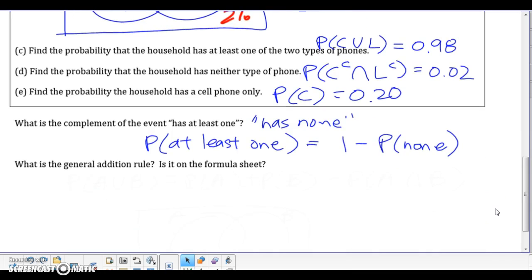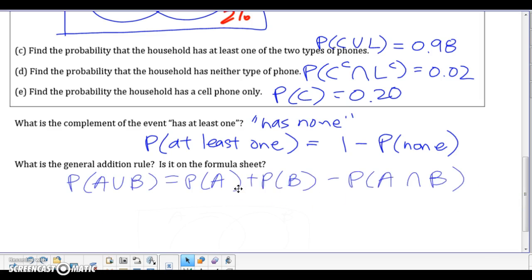And finally, what is the general addition rule? It is on the formula sheet, which you should have on your guided reading notes already. And it looks kind of crazy when you look at it on the formula sheet or on your guided reading notes if you've already written it down. What does this actually mean? The probability of A or B is the probability of A plus the probability of B minus the probability of A and B, which is what we've kind of been doing.